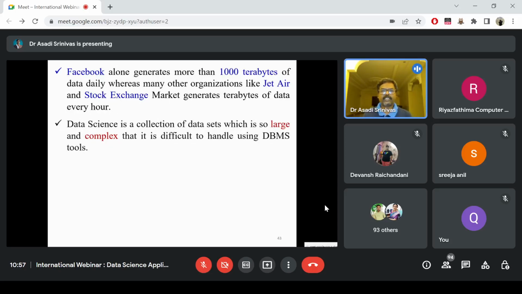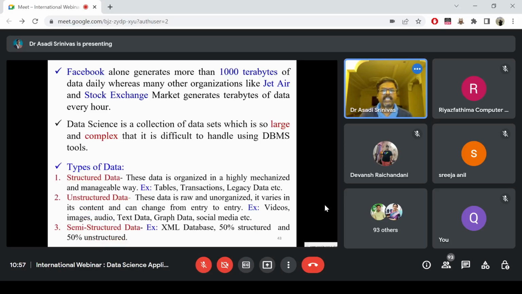Whereas big organizations like Jet Airways and stock market exchanges generate terabytes of data every hour. So big data is a collection of data sets so large and complex that it is difficult to handle using DBMS tools, that means relational database management tools.